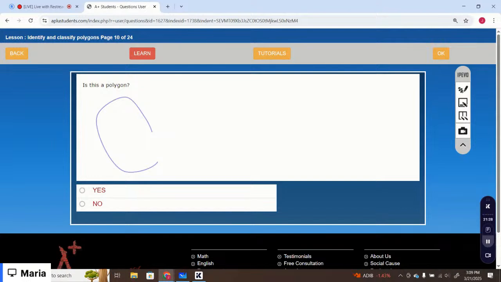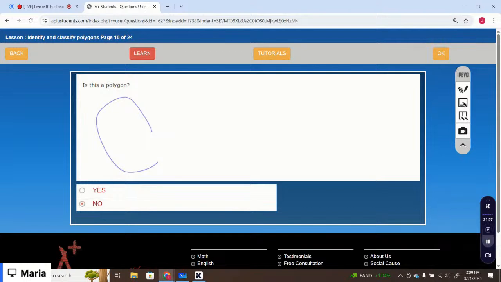Is this a polygon? Is this shape a polygon?